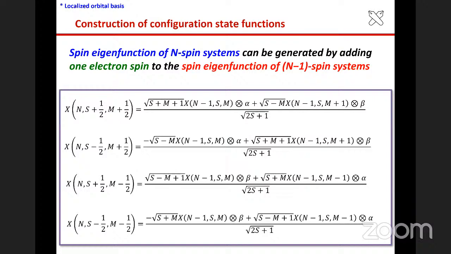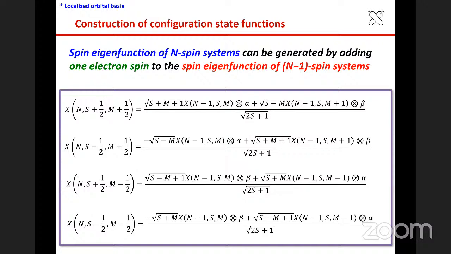The left-hand side is the spin eigenfunction of the n-spin system, and the right-hand side has the spin eigenfunctions of the n-1 and 1 spin systems. We already know that the spin eigenfunction for 1 electron spin is just alpha or beta.